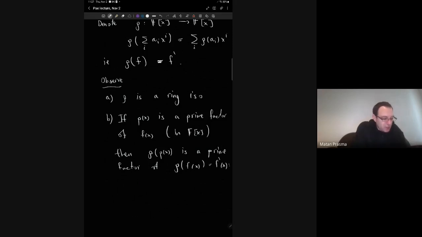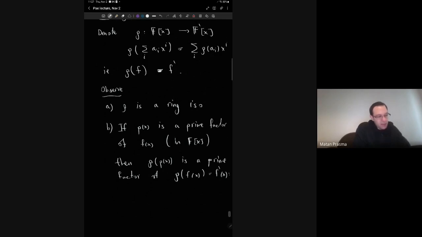Now, why is this second observation true? Rho is a ring homomorphism, so it commutes with multiplication of polynomials. If p(x) is a prime factor of f, I can write f(x) equals p(x) times q(x) for some polynomial q(x). Then I apply rho on f(x).